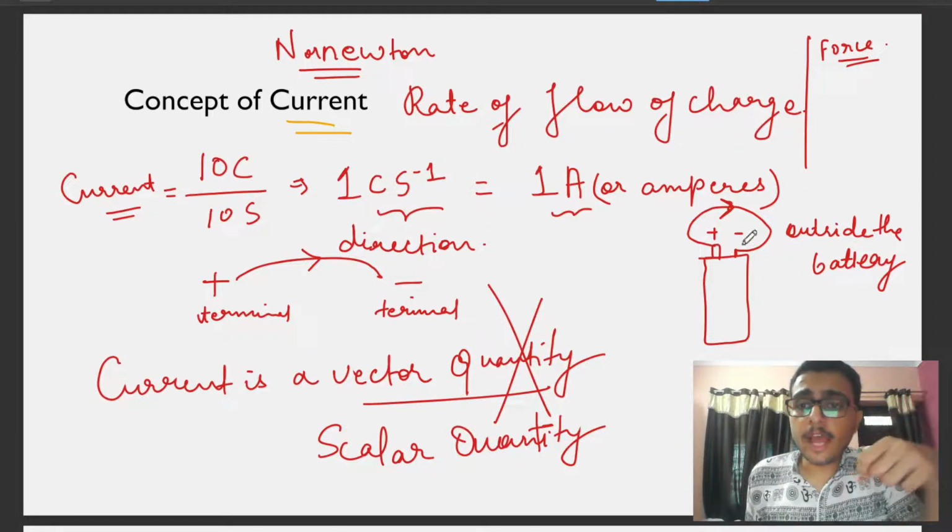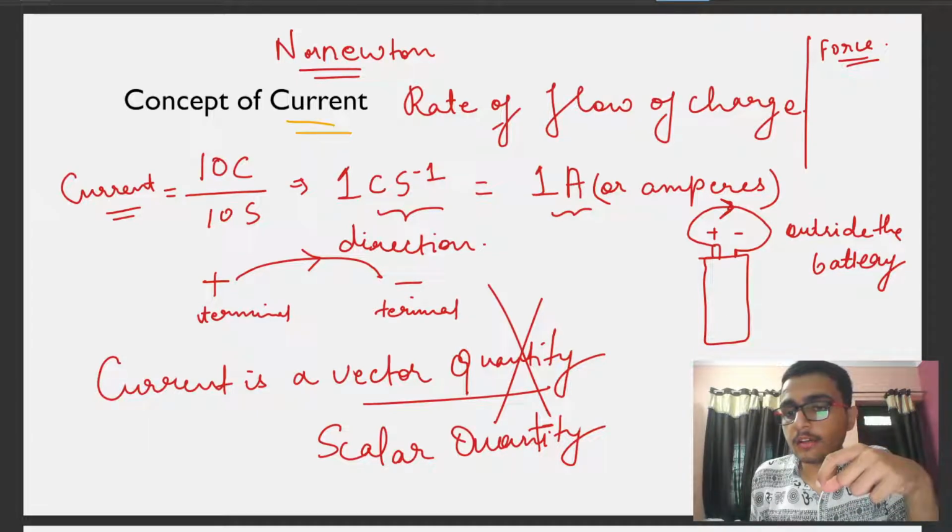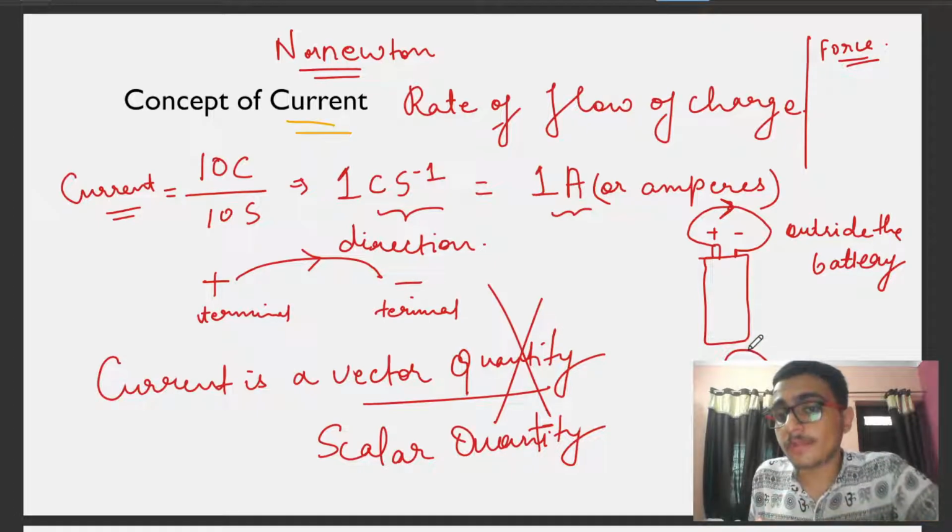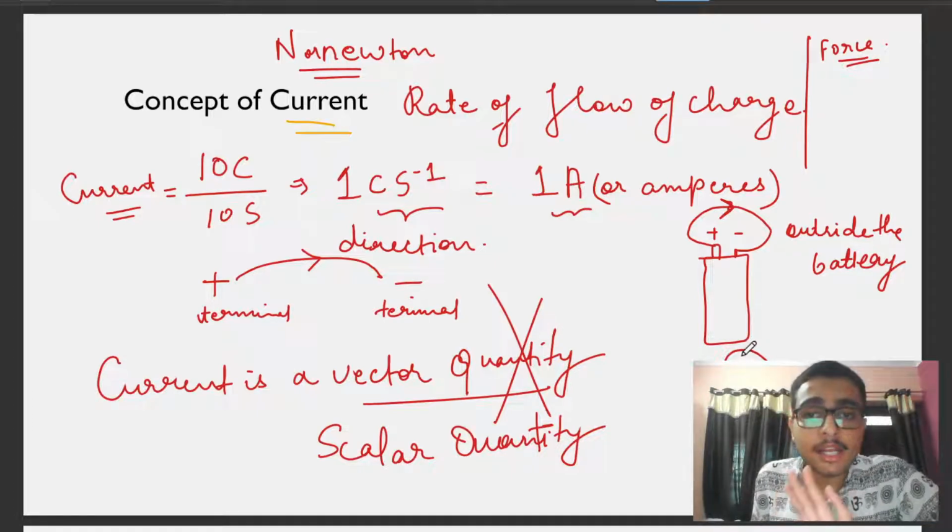But if I take this wire and twist it, this is the positive, this is the negative. Now I place a wire like this. Now I have twisted it. I have changed the direction of the wire, but my current value will not change. Now you will say, sir, the direction has changed. No, the direction has not changed.